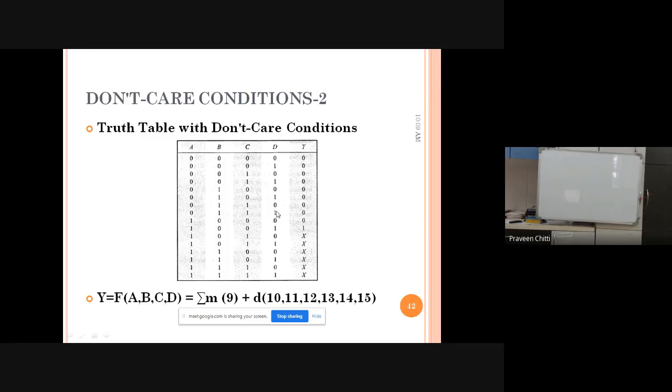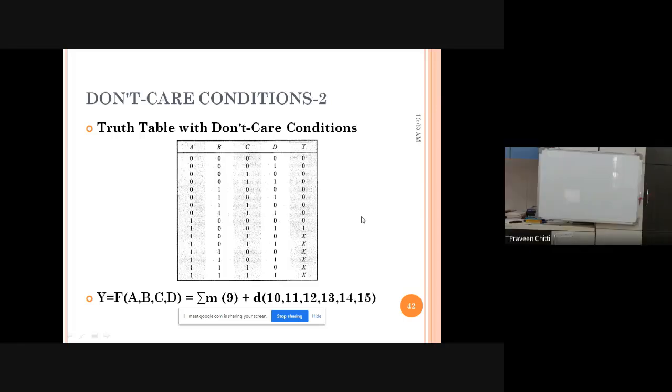Is that clear? Now, can anybody tell me what will be the POS expression for the same truth table? Y is equal to summation m 0 to 8. Not summation m, I am asking POS now. What you should write?